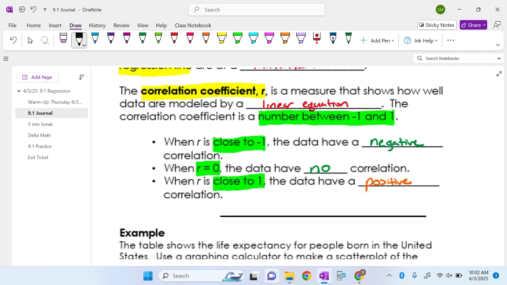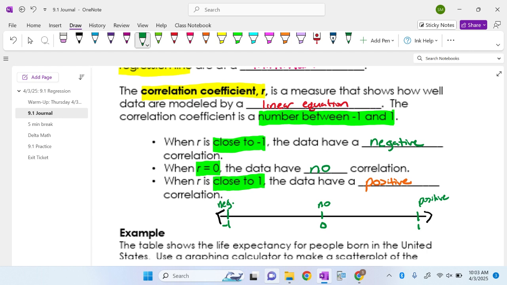Here's the best way to think about it. -1 is all the way over here, 1 is all the way over here, and 0 is here in the middle. If you're at 0, you have no correlation. The closer you are to 1 is a positive, the closer you are to -1 is a negative correlation.